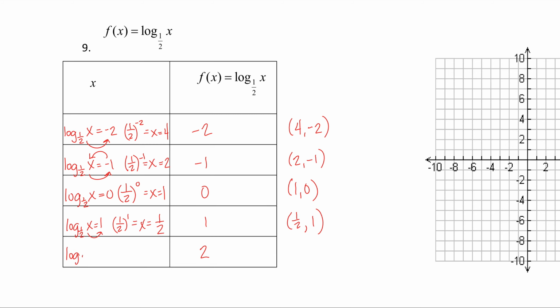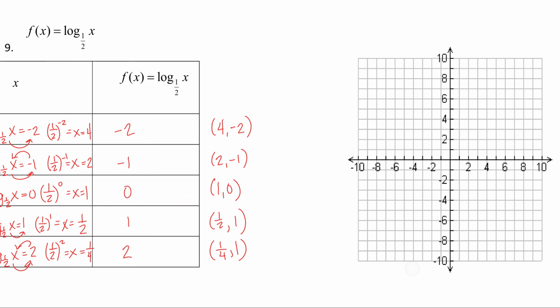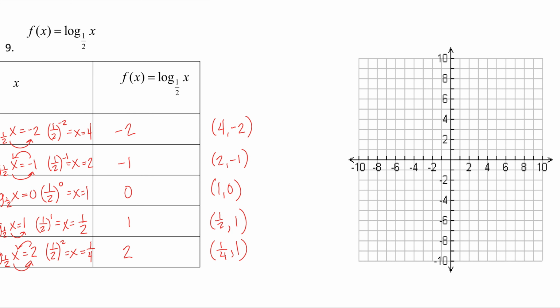And then log base 1/2 of x equals 2. So that's 1/2 squared equals x. Well, 1/2 squared, 1 squared is 1, 2 squared is 4. So that is 1/4. So I have a point at 1/4, 2. Okay, now I have to plot it. I have a positive 4, down 2.